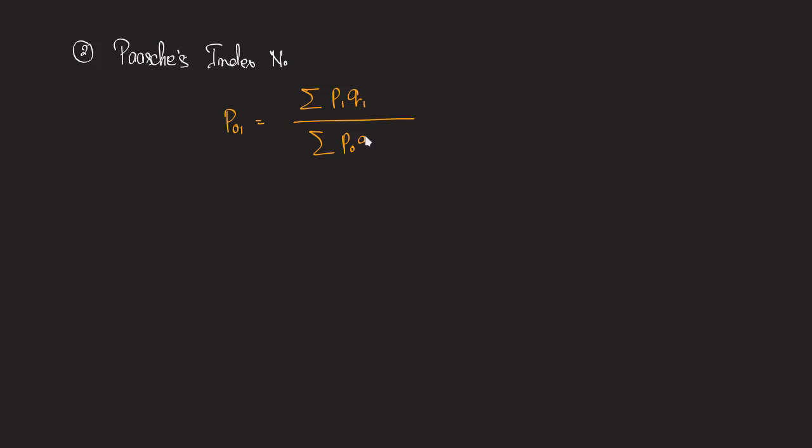Now we will go to the Paasche index number. So number 2 is the Paasche index number. The Paasche index number P01 is given by summation P1 Q1 by summation P0 Q1 into 100.